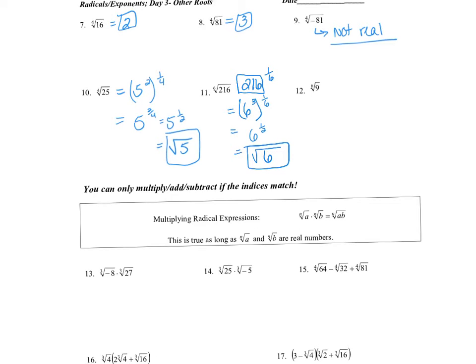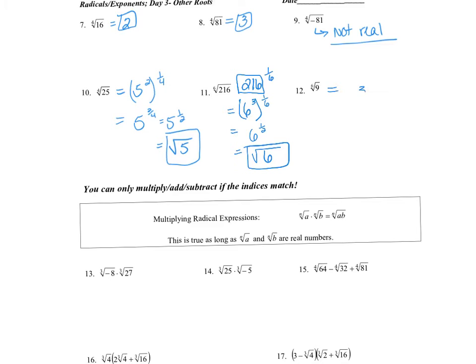Try number 12 on your own. I'll give you a few seconds to do that. So we're going to think about 9 as being a perfect square and rewriting it.